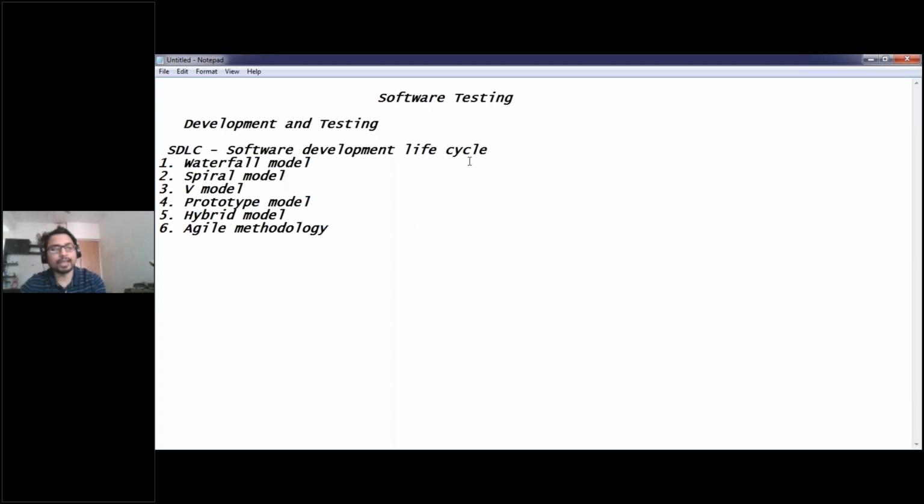Suppose you have 10 different types of black box testing. Among them, some can be automated. I will tell you which types of black box testing can be automated and which cannot.